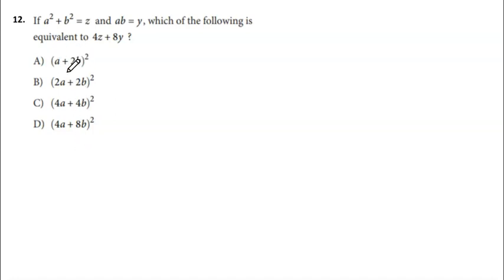The answers are going to be in terms of A and B, right? So let's do our substitution. So we have 4. In place of Z, we're going to put A squared plus B squared. And then plus what? 8. In place of Y, we're going to put AB.